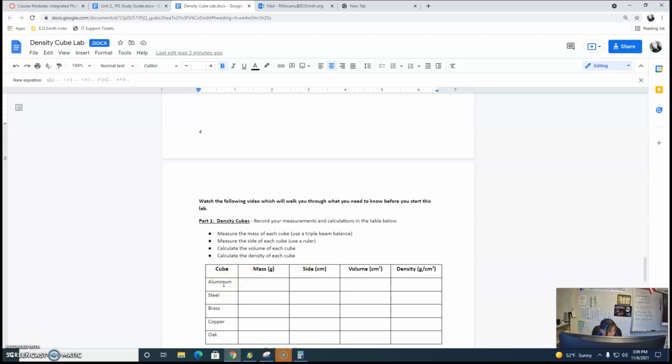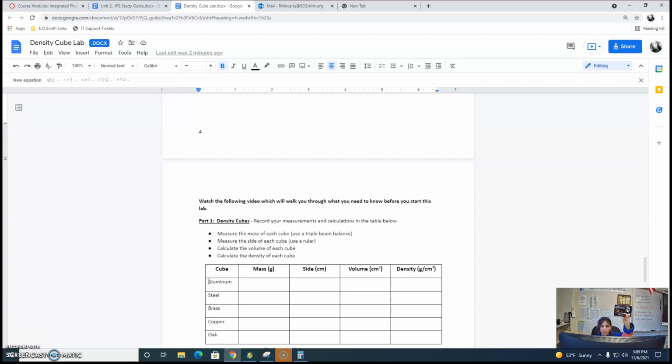And so let me show you what we're talking about. You're going to be working with these cubes that look like this. Each group is going to get a box of these cubes, and these cubes are made of different materials, just like it says here. So we got aluminum. For example, here is the aluminum cube. You got steel.